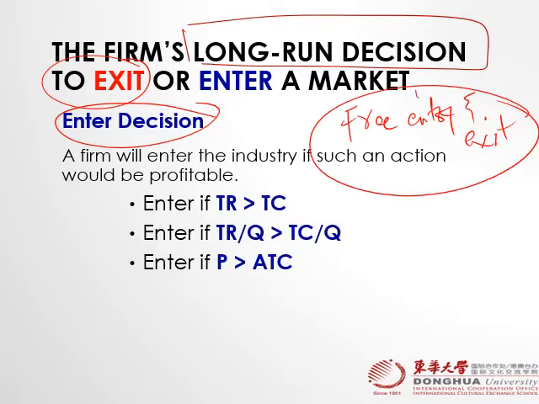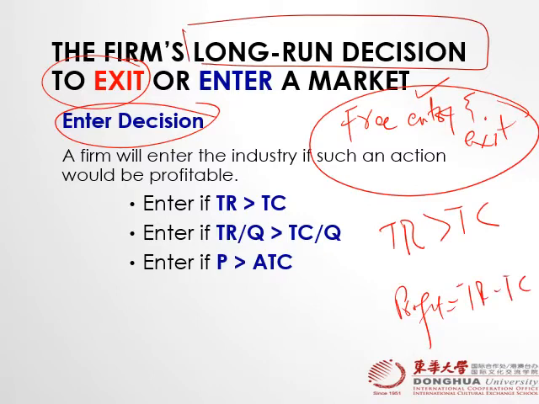So let's talk about the entry. Why do you want to start a business, or why do you want to enter that market? Because you know that total revenue is greater than total cost. It means profit is equal to total revenue minus total cost. If total revenue is increased, it means your profit is increased.